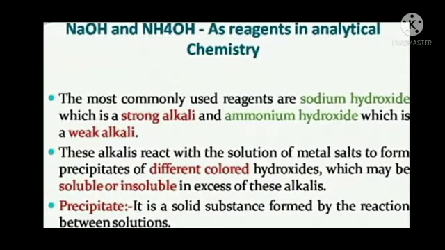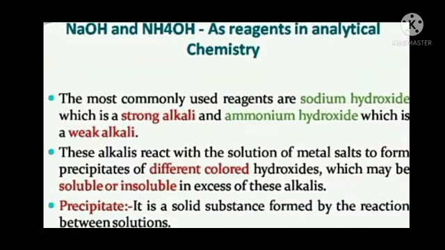The most commonly used reagents are sodium hydroxide, which is a strong alkali, and ammonium hydroxide, which is a weak alkali. These alkalis react with the solution of metal salts to form precipitates of different colored hydroxides, which may be soluble or insoluble in excess of these alkalis.